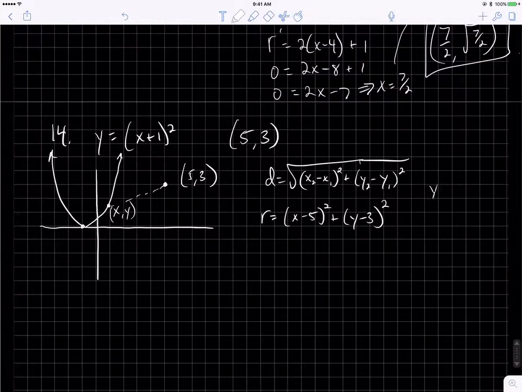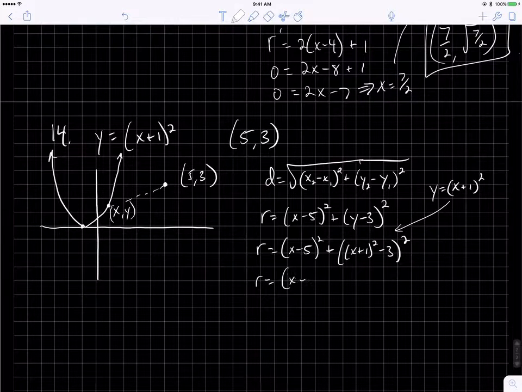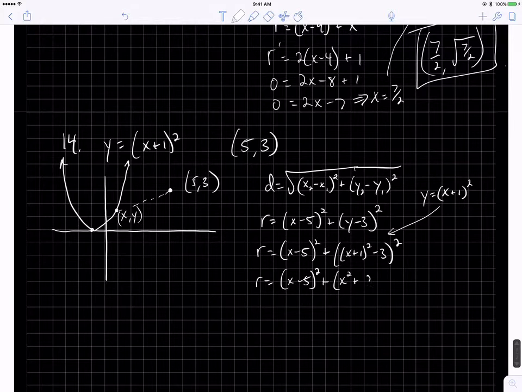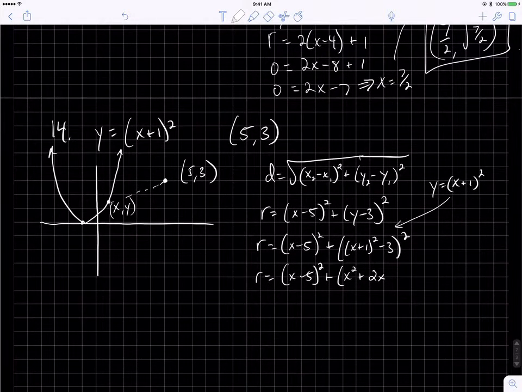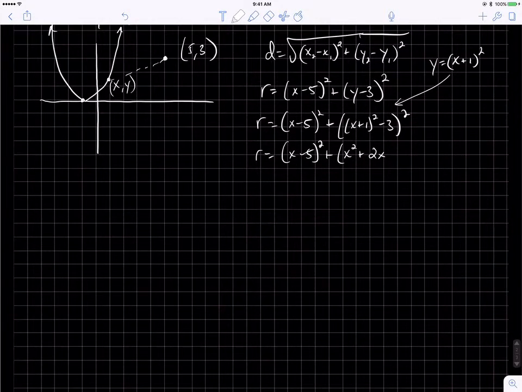I'll use my secondary equation to make my substitution in here for y so that I can get the primary, the thing that I'm minimizing, all in one variable. So now I am squaring the x plus 1.